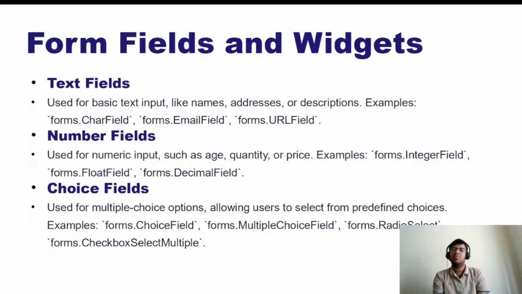Another one is the number field, where you use numeric inputs such as your age, the quantity, or any price. Here we use fields such as forms.DecimalField and forms.FloatField. Another one is for choice fields, such as the ones which you tick mark in your form.